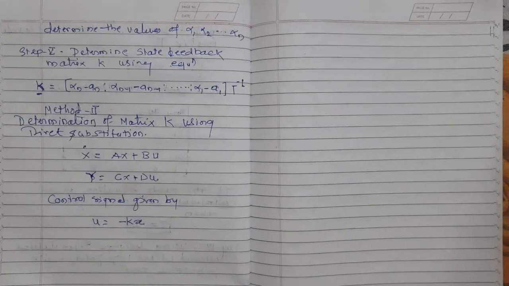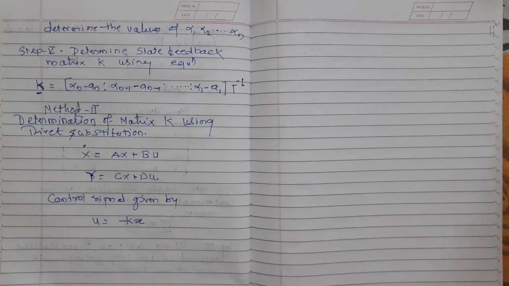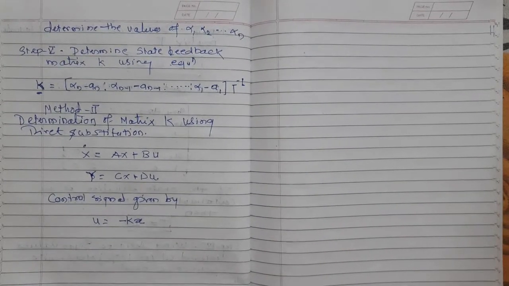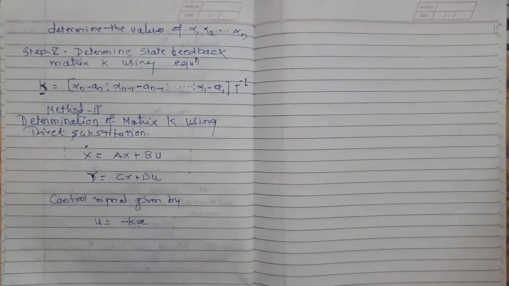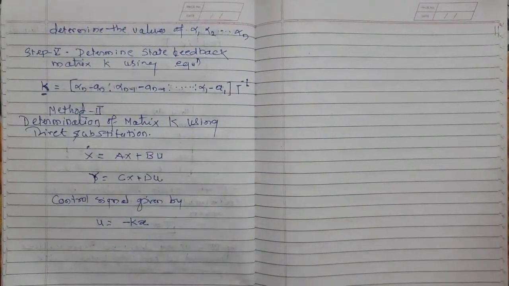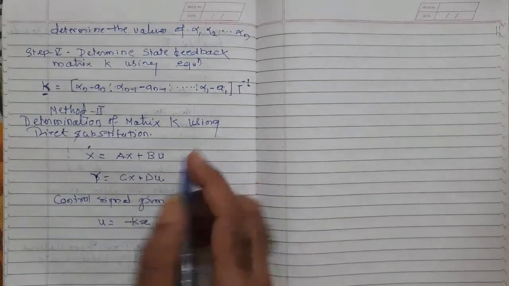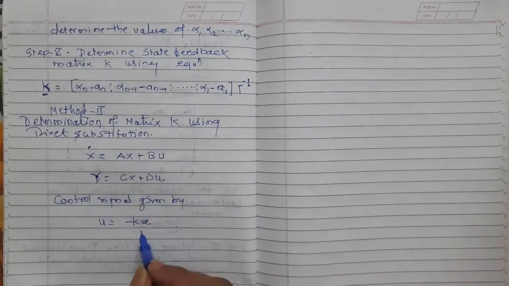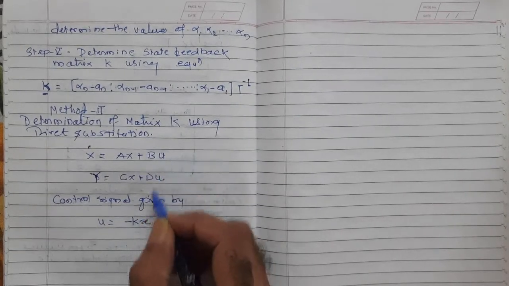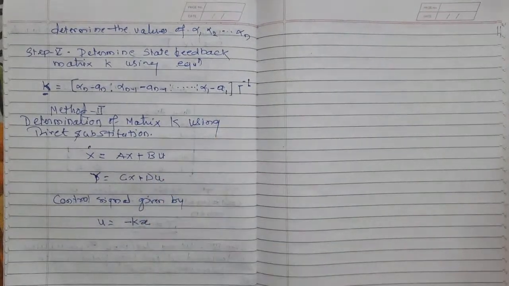Now we have to find out the desired pole location. What is the gain matrix K? Now for this one, initially this is our state equation. In this state equation, instead of u, we will put minus Kx.